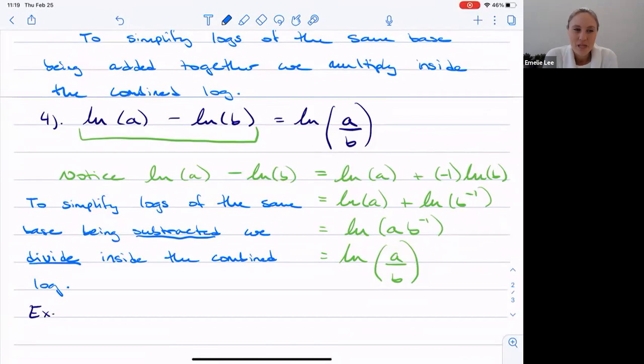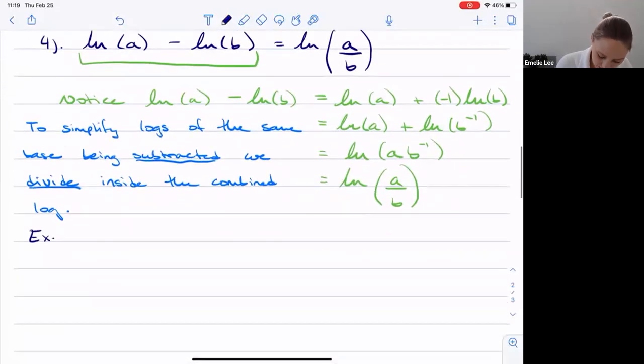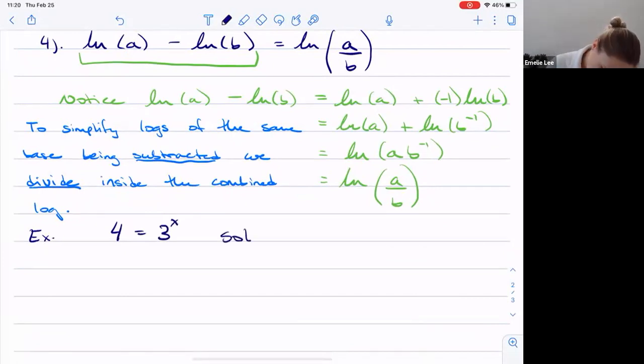Okay, so now let's use these log laws. If I tell you that 4 is equal to 3 to the power of x, and I ask you to solve for x, if we didn't have logs, we'd be stuck, right?